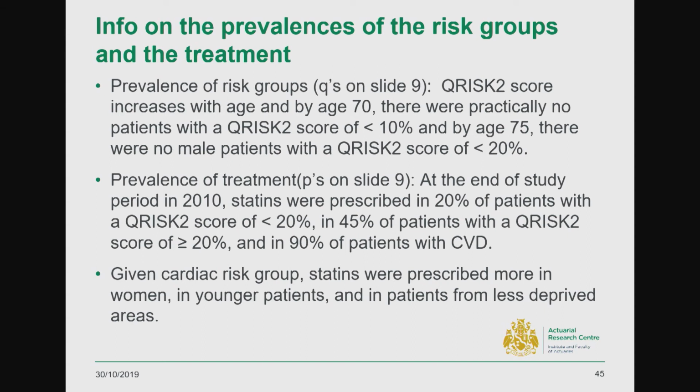Prevalence of treatments. As I said, 90% of patients after heart attack got statin prescriptions. But in a lower Q risk group, there were just 20% prescription of statins in the low risk and in 45% of patients with medium Q risk.